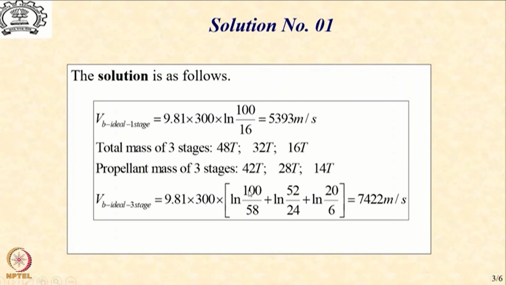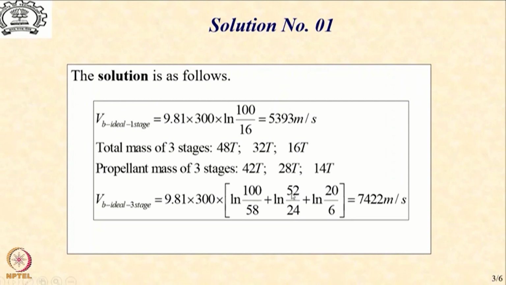So we start with 100 tons, burn the 42 tons, and what we are left with at the end of first stage operation is 58 tons. Now, when we move over from the first stage to the second stage, the inert mass of the first stage is what we are going to remove. And as we can see, the inert mass of the first stage is 6 tons. So we remove 6 tons from 58. So we start the second stage operation with only 52 tons.